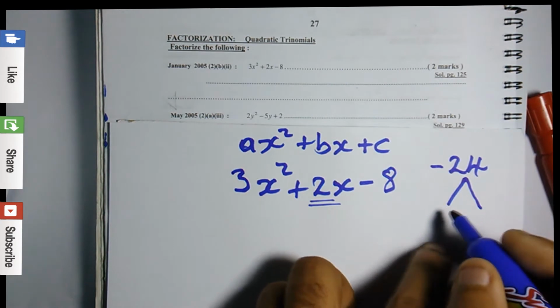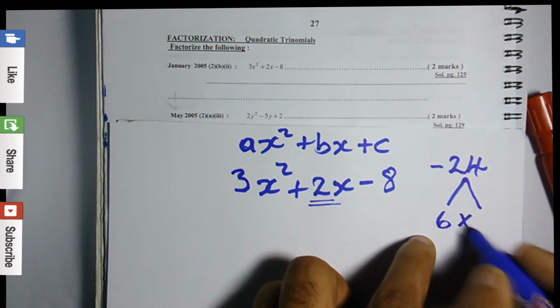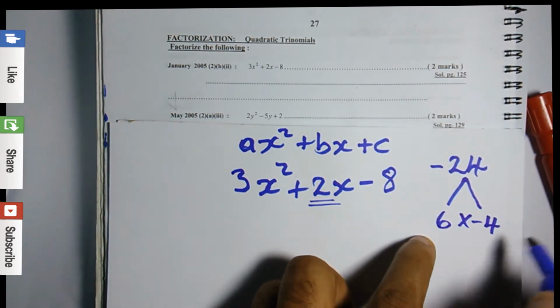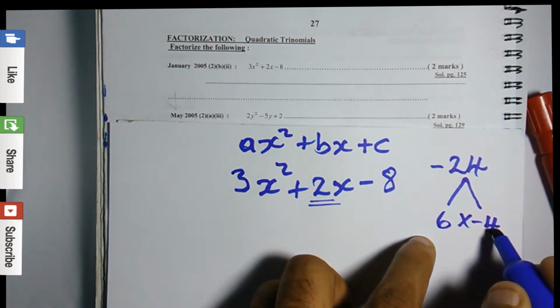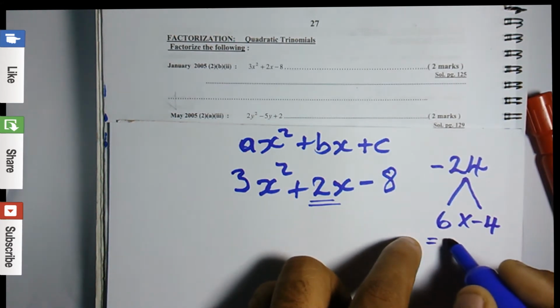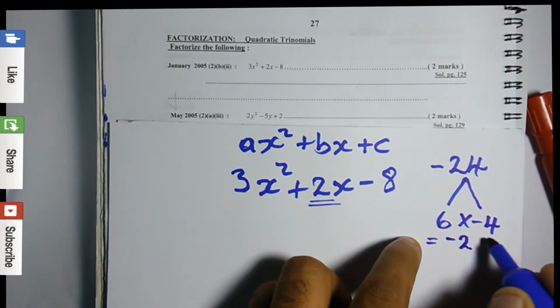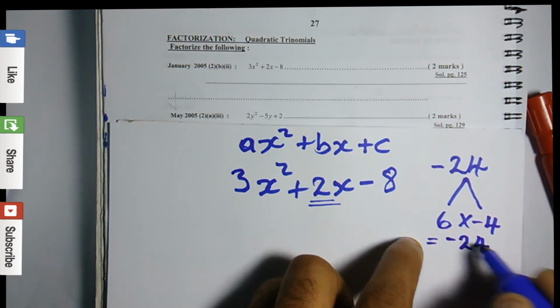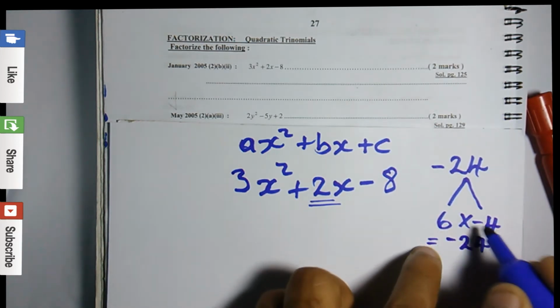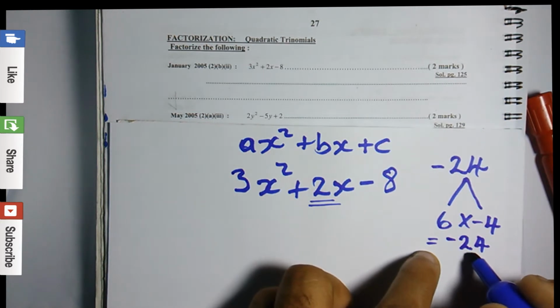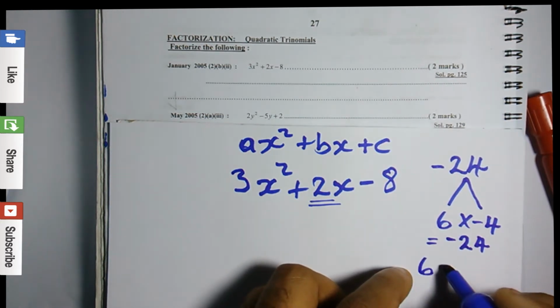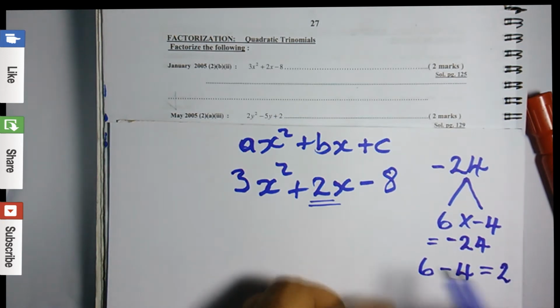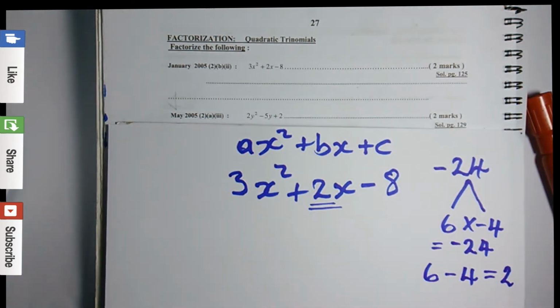So what we could use is 6 times negative 4. 6 times negative 4 results in negative 24, and 6 minus 4 results in 2, the middle term 2 that we wanted.